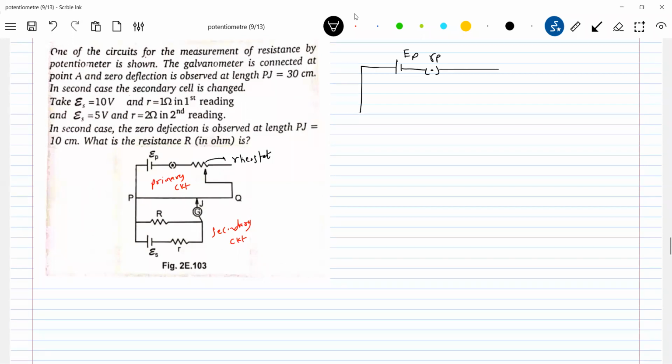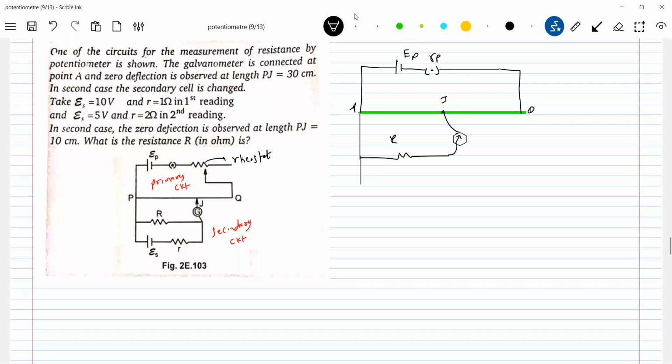So this is the potentiometer circuit, the potentiometer wire. PJ is 30 centimeter. PQ.